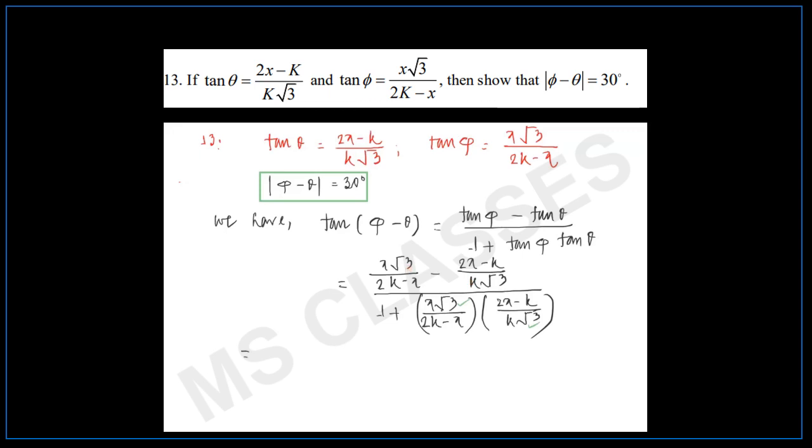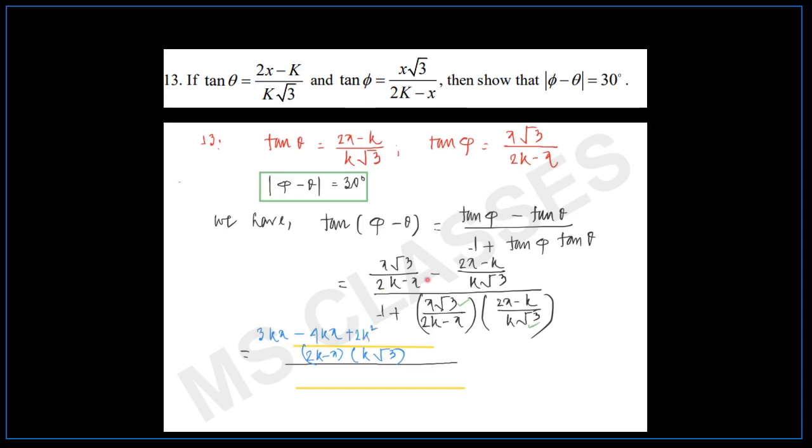So if we simplify, if you take the LCM, it is (2k minus x) into k root 3. So this will be what? Kx into 3 minus 2k into 2kx, that will be here minus 4kx. Now 2k into minus plus, so that will be 2k square plus 2k square.